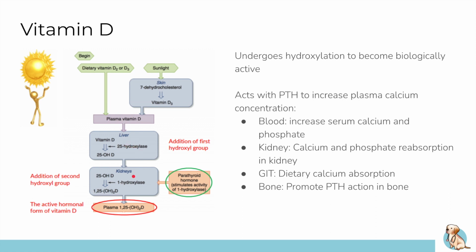Then in the kidneys, another enzyme adds a second hydroxyl group, which gives us 1,25-dihydroxycholecalciferol, or calcitriol, which is the active form of vitamin D. So vitamin D will act with parathyroid hormone, which I'll talk about soon, to increase plasma calcium concentration, such as in the kidneys, increasing calcium and phosphate resorption, increasing dietary calcium absorption in the gut, and promotion of parathyroid action in the bones.